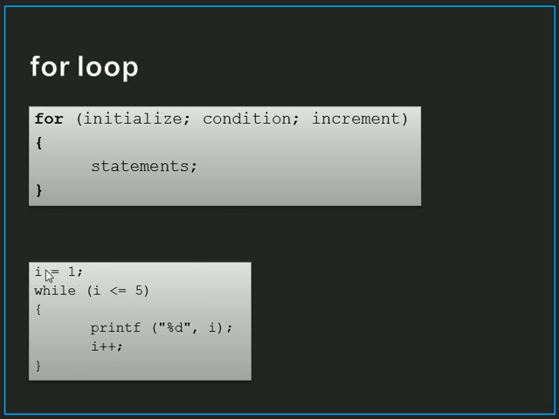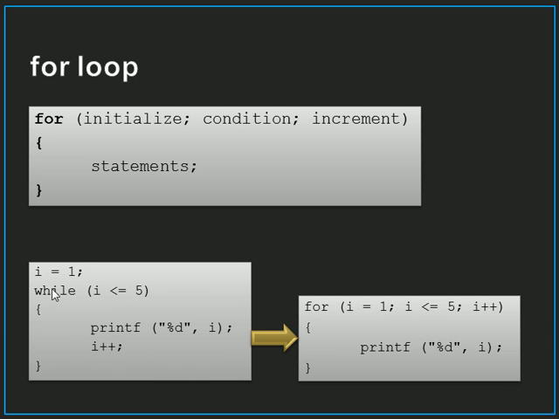So let's take this example which is implemented in the while loop. So we have i equals to 1, while i is less than or equals to 5, print i, and then i++, which is nothing but increment the value of i. So this is initialization, and this is condition. i less than or equals to 5 is condition, and i++ is increment.